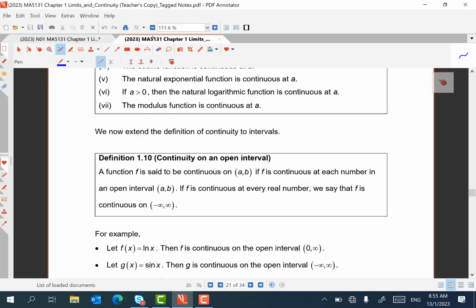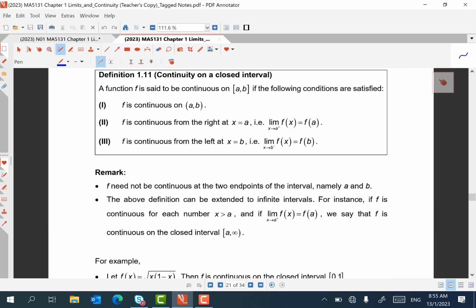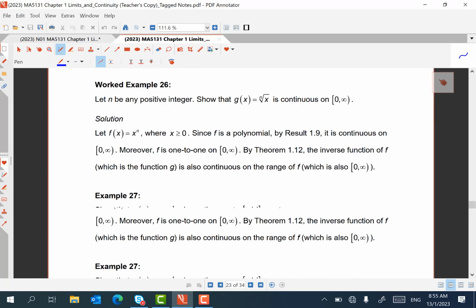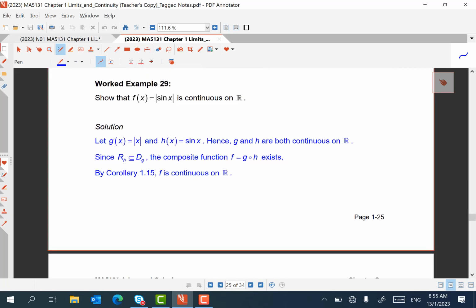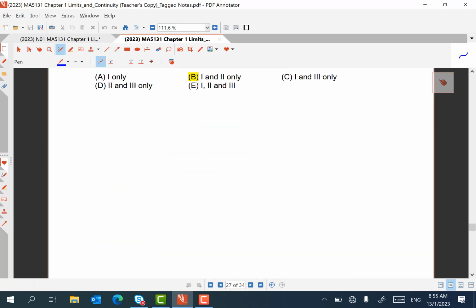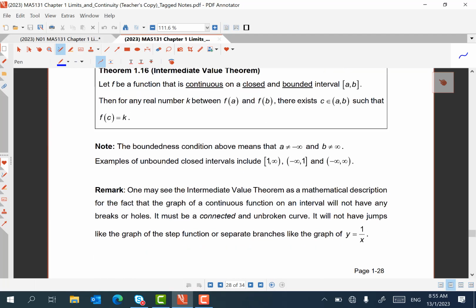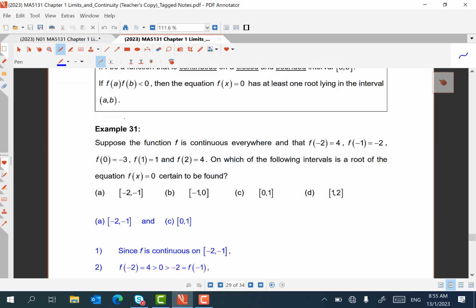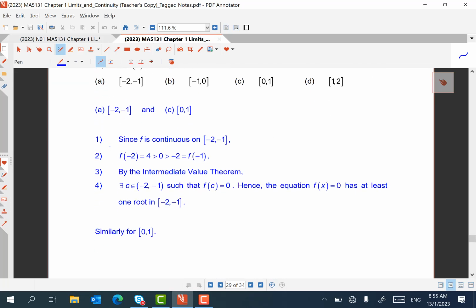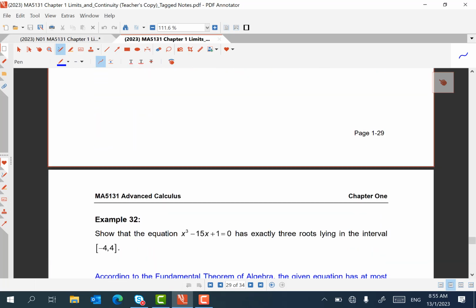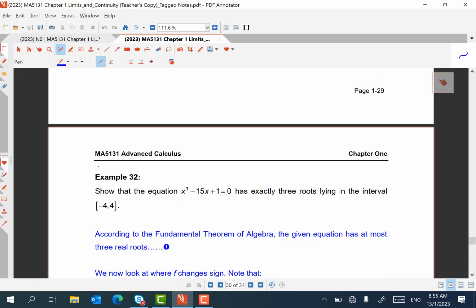What do I mean by trial and error? We just plug in numbers. Let me show you. I know it's quite painful to plug in numbers, but if you have your calculator, your calculator can generate the whole sequence of numbers quite readily.